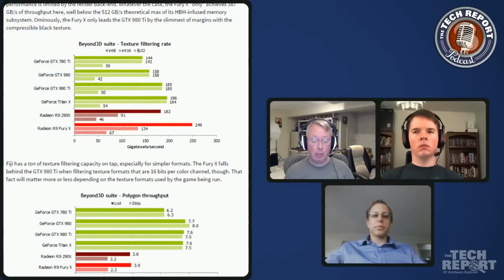So if you look at the Fury X texturing capability for 8-bit per pixel formats, it is the world beater. It's the best in the world. But when you look at 16-bit, which some games may use more of now, and we should probably get some data on that, I think you could break it down with the tool and see, then to the extent that 16-bit texturing is used, you have a competitive disadvantage for the Fury X.